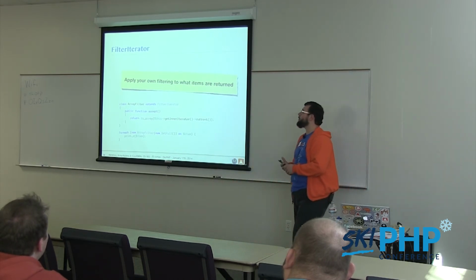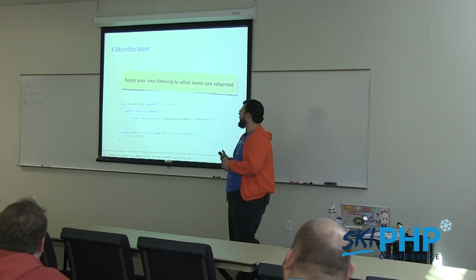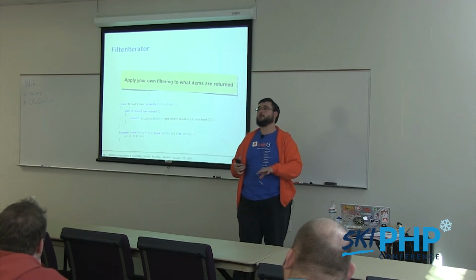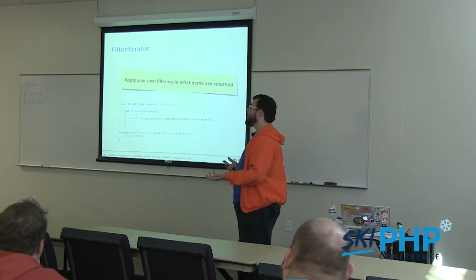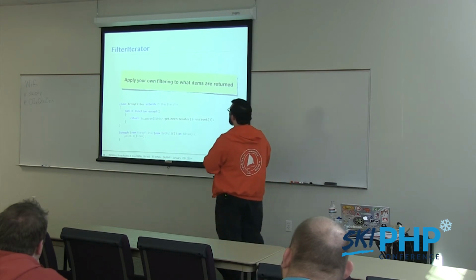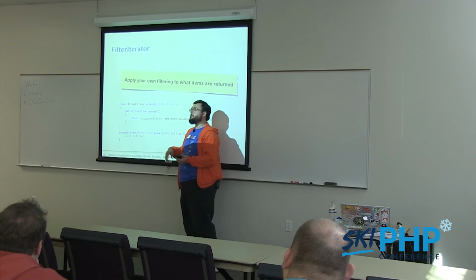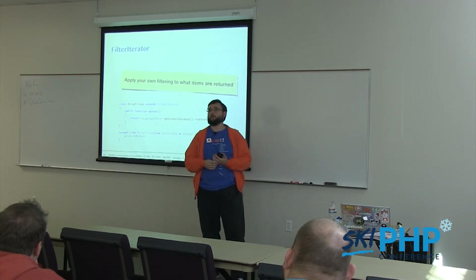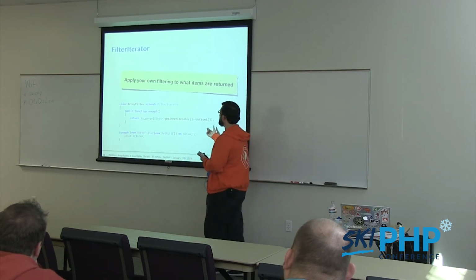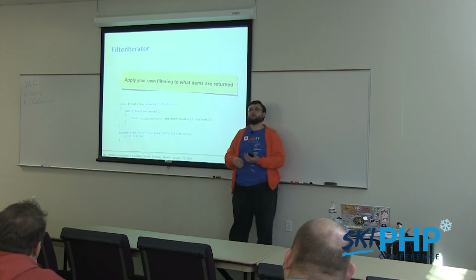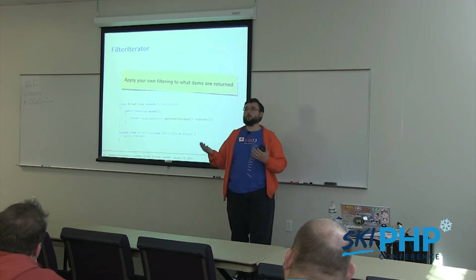All right, so we've also got FilterIterator, which makes it very easy to take something and build a filter onto it. To implement a filter, you have to extend FilterIterator, and then there's one method you need to create, which is accept, which should look at your current item and return Boolean true or false.